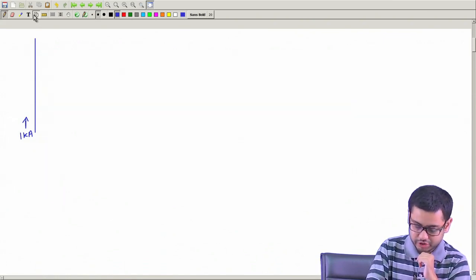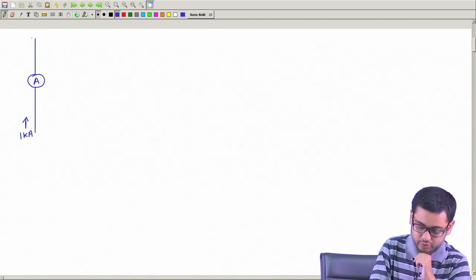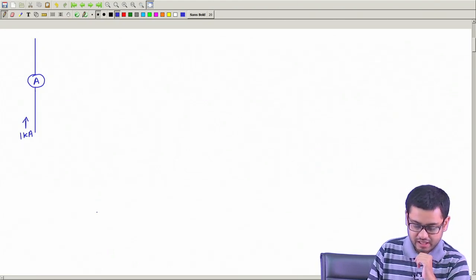What we normally do? We normally have to open this circuit, insert an ammeter in series with this line, and then this ammeter will indicate the current.